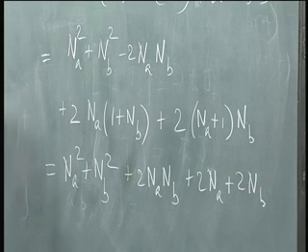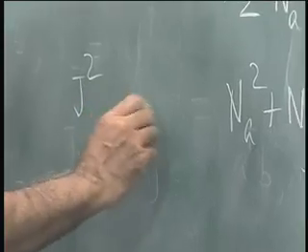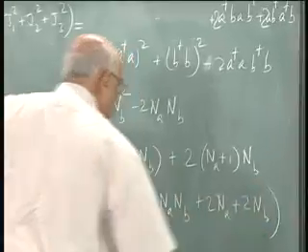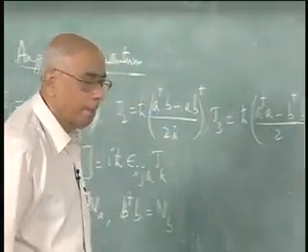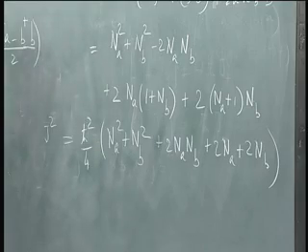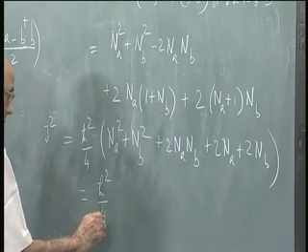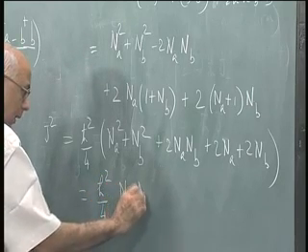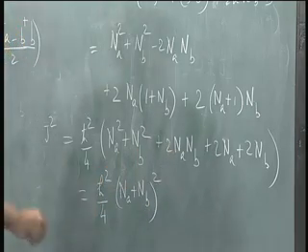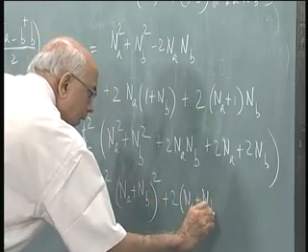So J squared is equal to h-bar squared over 4 times this mess. And n_A and n_B commute with each other, so this is equal to h-bar squared over 4 times (n_A plus n_B) whole squared, that is this portion, plus twice (n_A plus n_B).